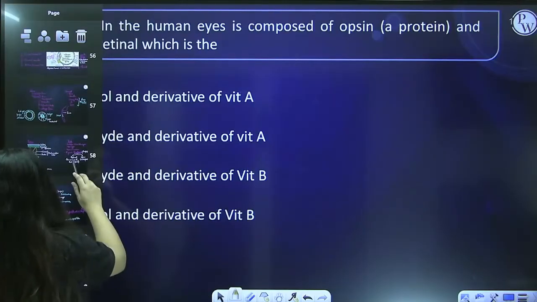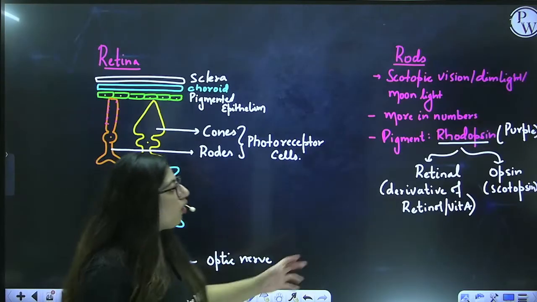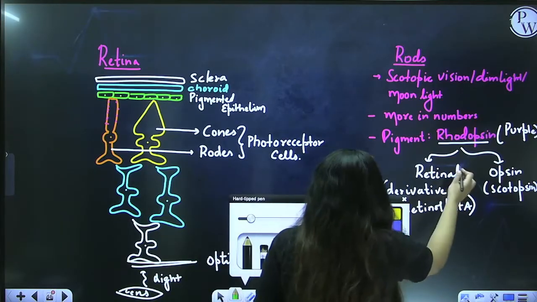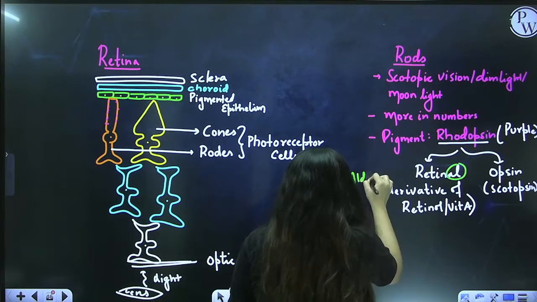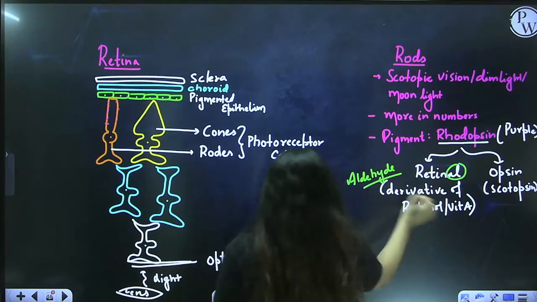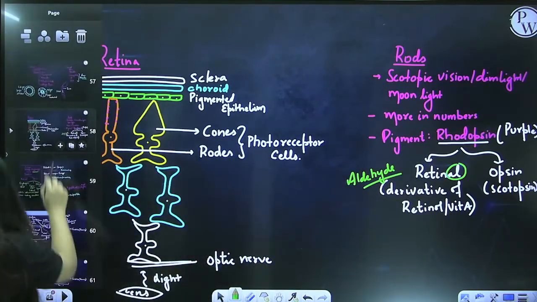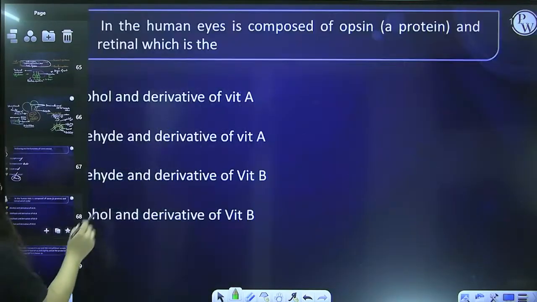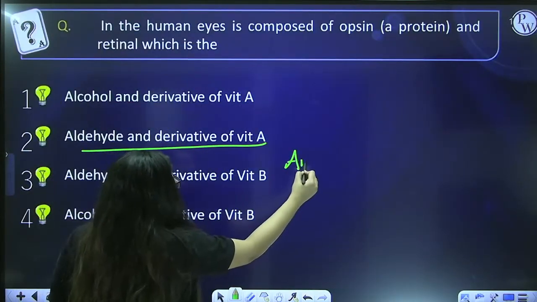Yes or no? Anything which has "al" in it is the aldehyde. So retinal is the aldehyde, and it's a derivative of vitamin A, right? So aldehyde and derivative of vitamin A.